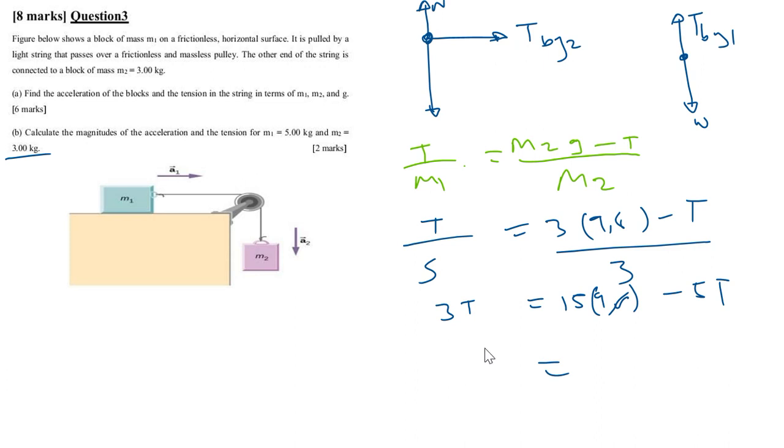This will come up positive on this side. It will be 8T. Here we have 15 times 9.8, then divide by 8, divide by 8, tension, right? And now we have the answer for tension. Do your math, you find it here.